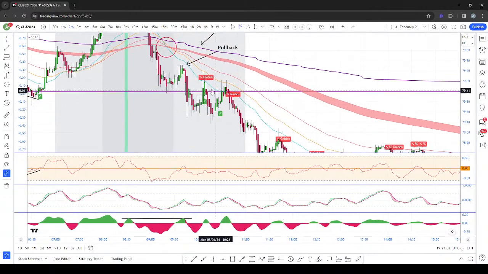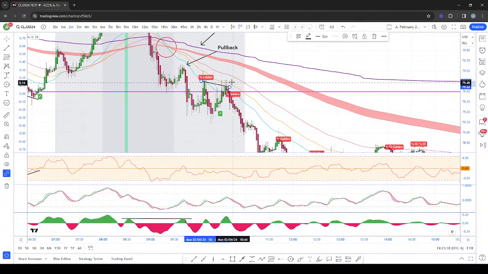So if you're a beginner, this would have been a really good area to test your knowledge on hidden divergences. You would have taken these hidden bearish divergences in here, and here's a really nice one between this peak and this peak, and you want your oscillators to do the opposite, and you can see that happening right here.